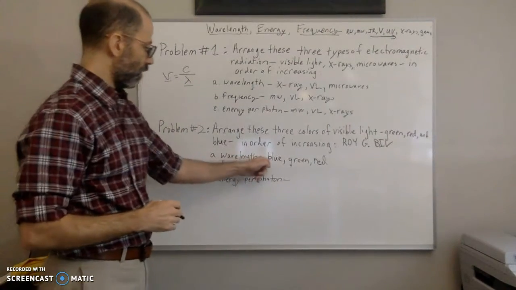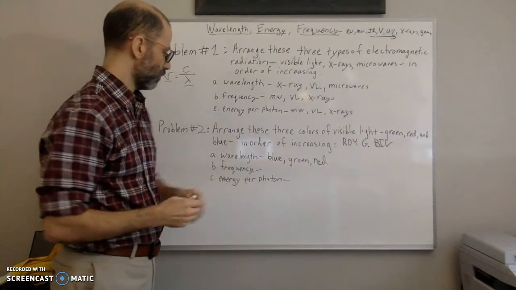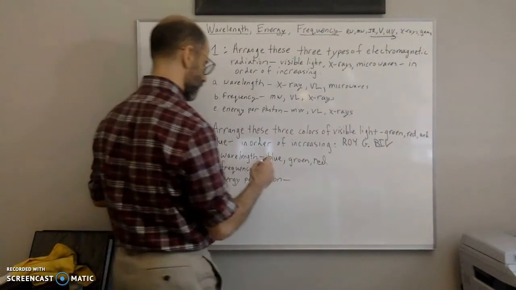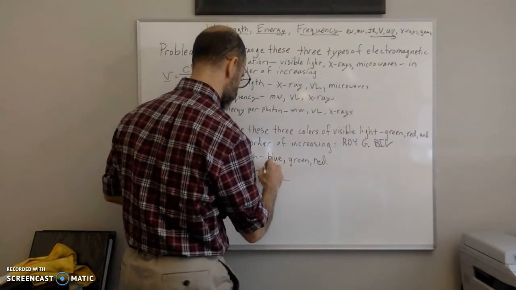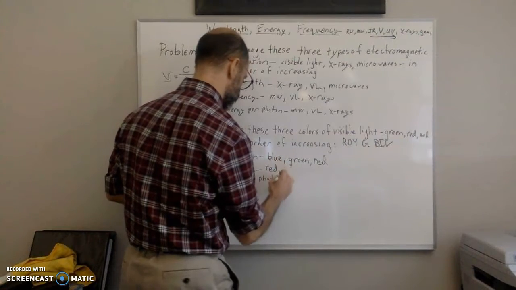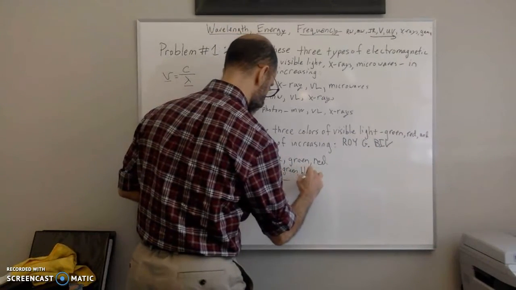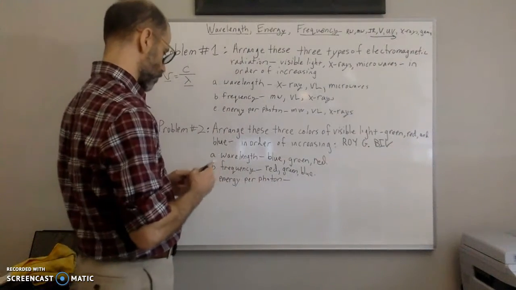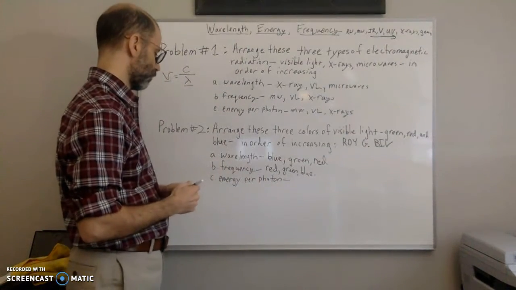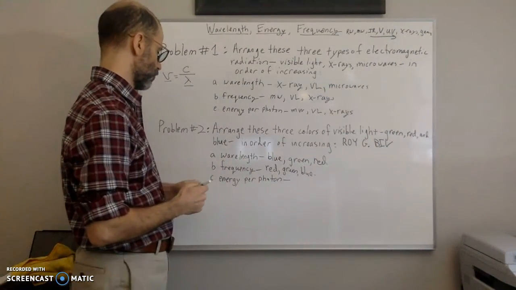So if I have this as increasing wavelength, then the opposite order is going to be increasing frequency. So red comes first, then green, and then blue. So I just flip the order, reverse the order.